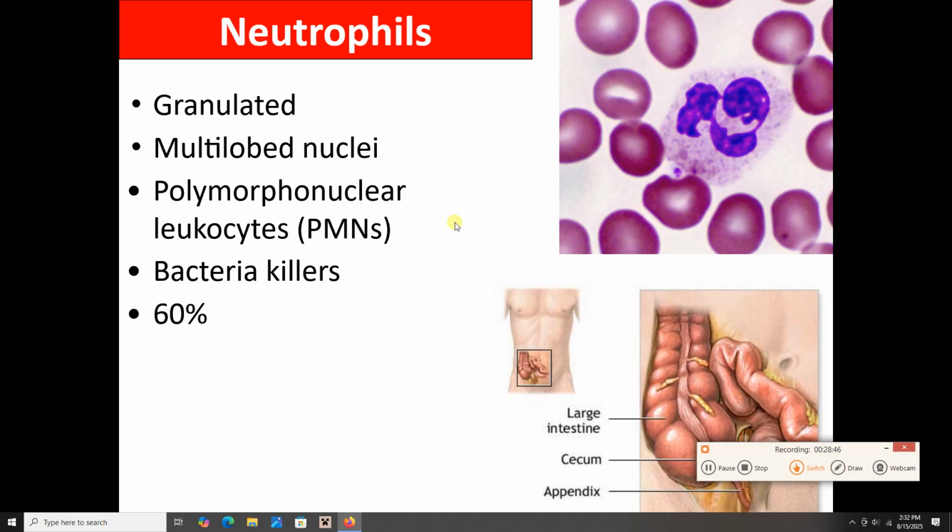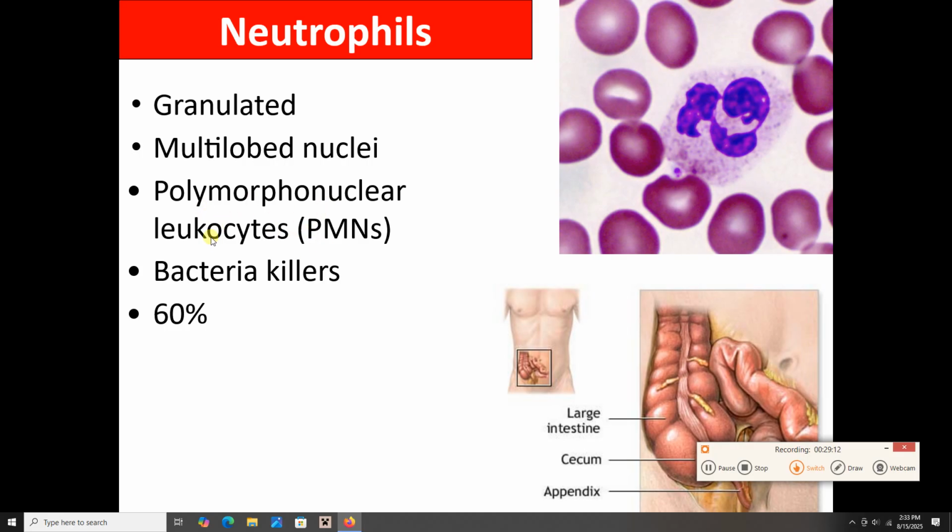So neutrophils, they're granulated cells, although their granules are often pale or hard to see. Neutrophils have multi-lobe nuclei, so 3, 4, or 5 chunks to their nucleus. Because of this, they're called polymorphonuclear leukocytes, or PMNs, many-shaped nucleus white blood cells.